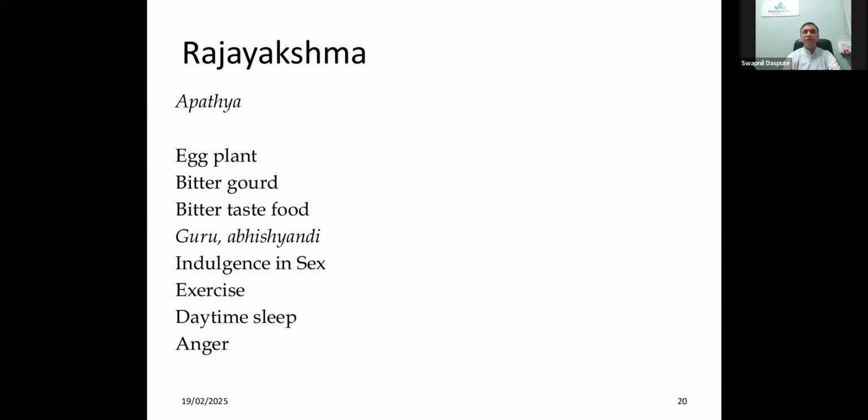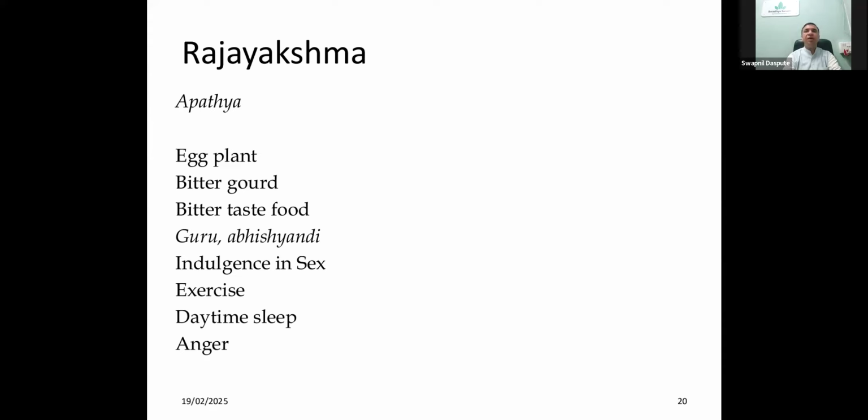Chyawanprash can be consumed for life by any healthy person as well. It will help more and better in Rajakshma as a Rasayana, no doubt.